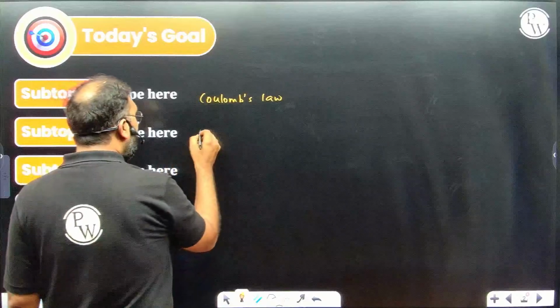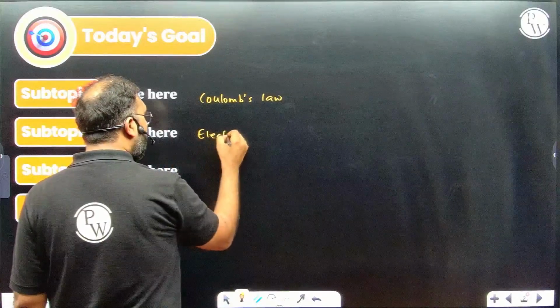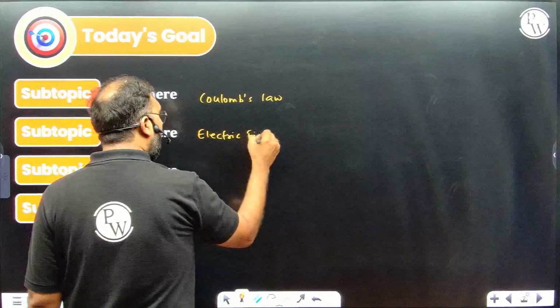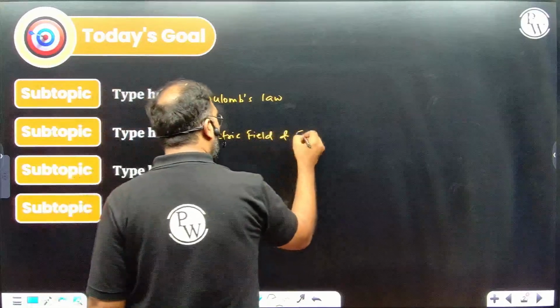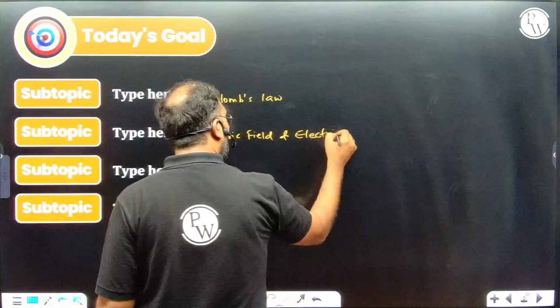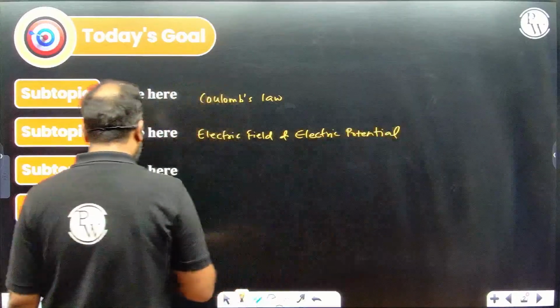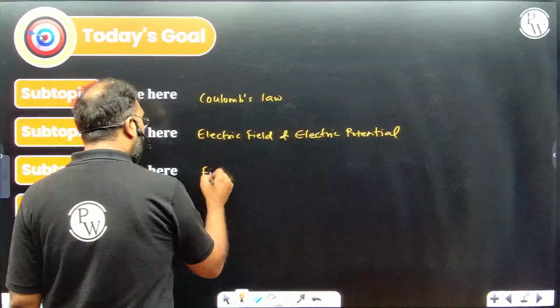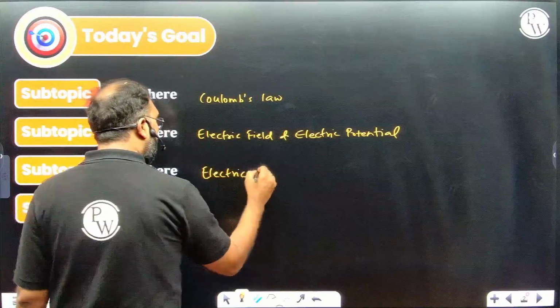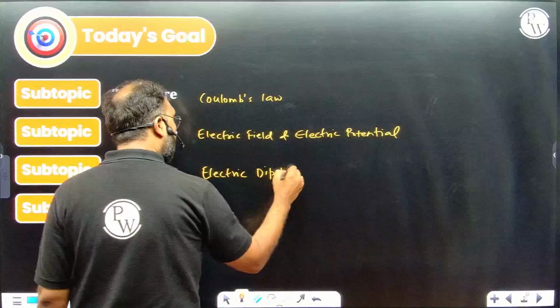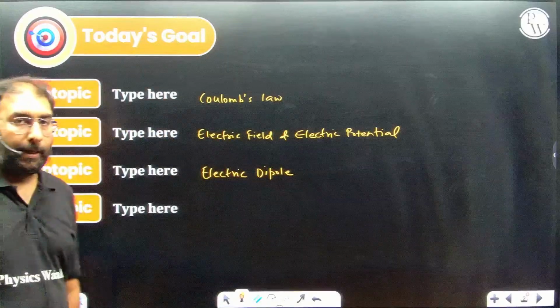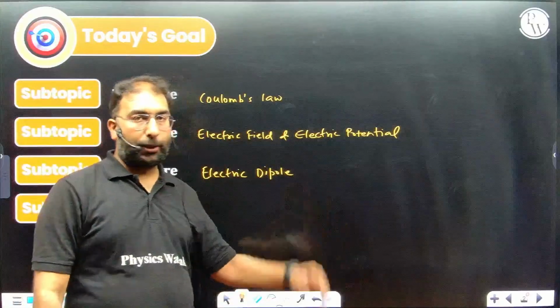Then I'm going to discuss the electric field and electric potential. I am going to discuss the concept of electric dipole, and then electric field and electric potential due to electric dipole.